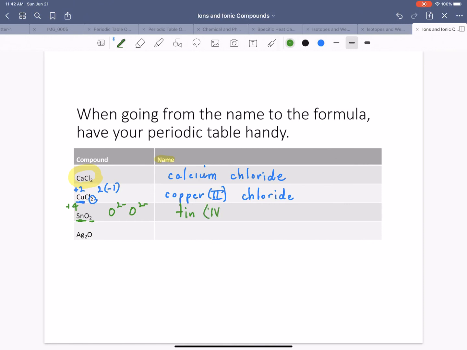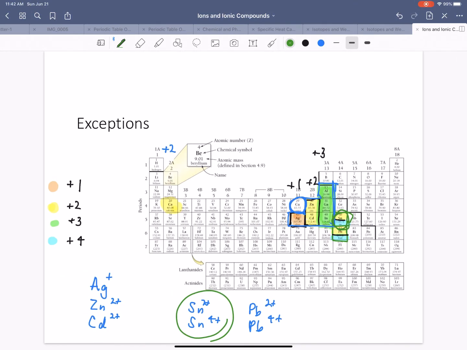Tin 4 oxide. Let's take a look at oxide real quick. So here's oxide. It's in column 6. Oxygen has 8 electrons. To be like the nearest noble gas, it would have to gain 2 electrons. And so 8 protons.